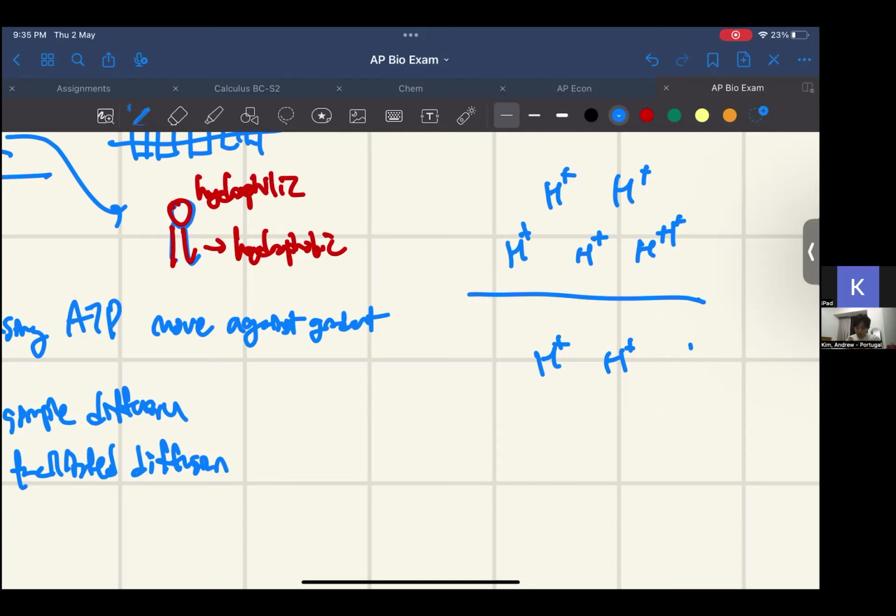So it's a more natural process that H plus moves downward, but in active transport, we're actively using energy to push people into a more crowded room. So in active transport, oftentimes components will move against the gradient. It will move from a place where it's lower concentration to a higher concentration. That is active transport.